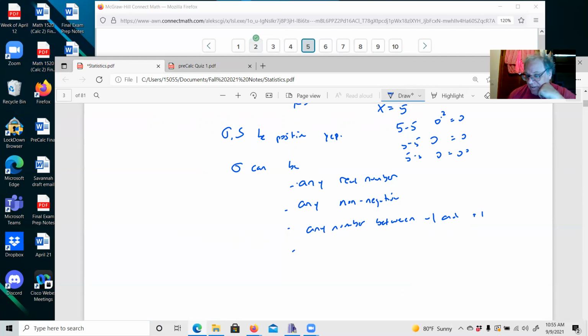It can't be negative. But a number between 0 and 1? Well, this doesn't quite work because our first standard deviation, for example, we got 3.6. That's bigger than 1, so that's not true.